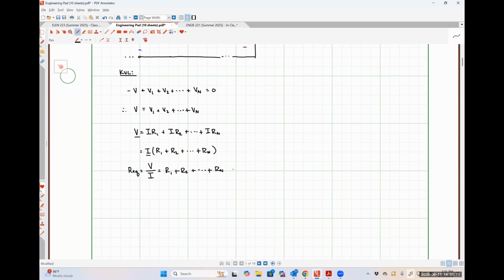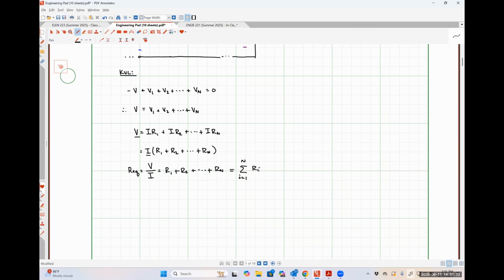Okay. In a more succinct form, I might use summation notation. So I could say that Req is the sum from i equal to 1 to n of R sub i. Okay.